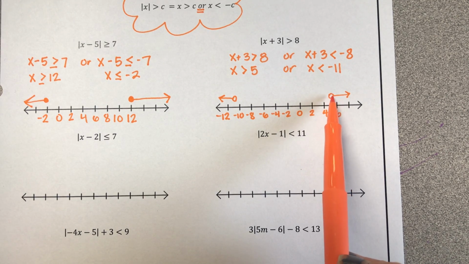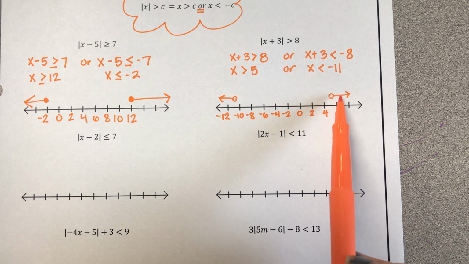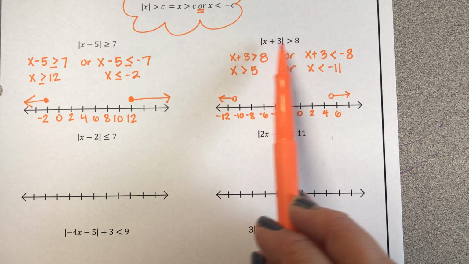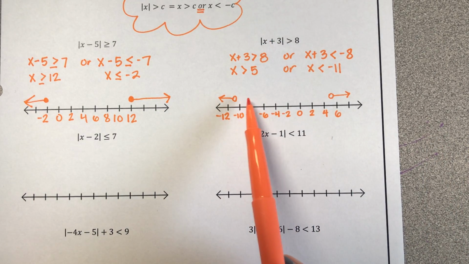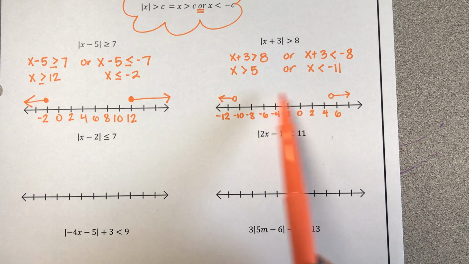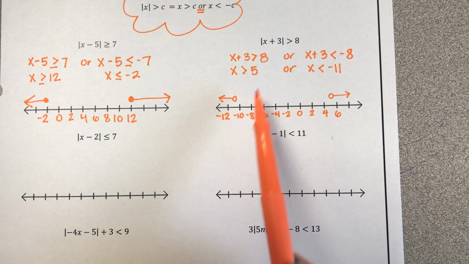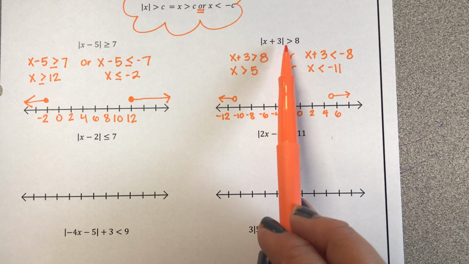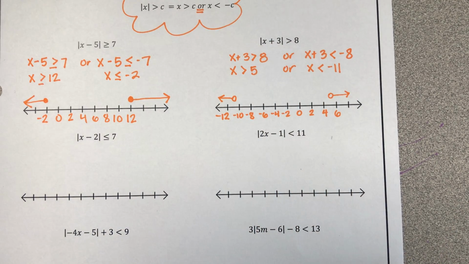Let's say I picked anything that's greater than 5, like 6. 6 plus 3 is 9. The absolute value of 9 is bigger than 8. So essentially all of this stuff here in the middle is off limits, because when you add it together, it's going to give you an absolute value that is not bigger than 8.